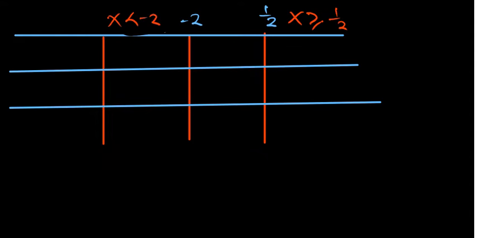Now for the guy in between, we know that X is less than what? Negative 2. Okay, but again X has to be greater than or equal to what? Half.